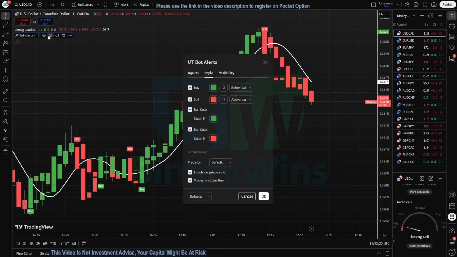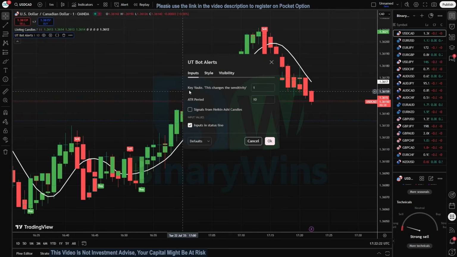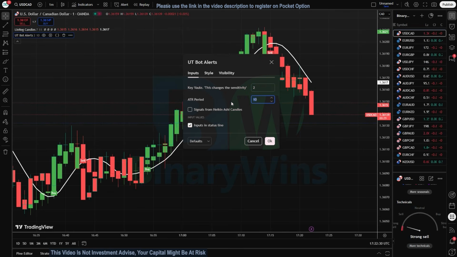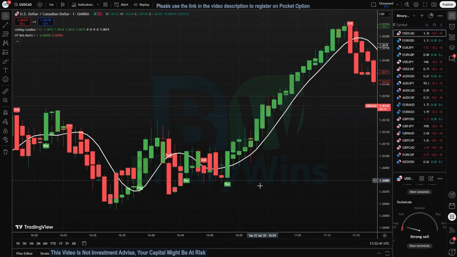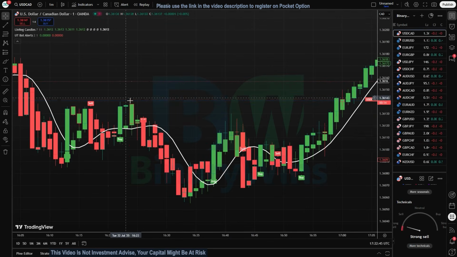Now we will enter the settings of the second indicator. The key value should be 2 and the ATR period should be 1 because we are using this indicator on a 1 minute time frame. Okay, you can see that the number of signals and their location have changed.